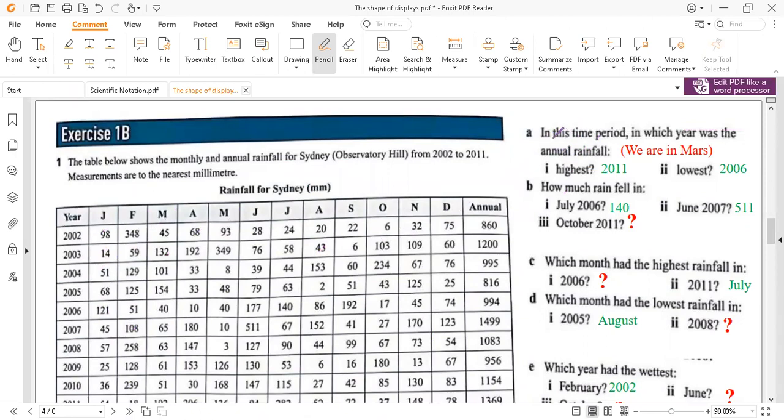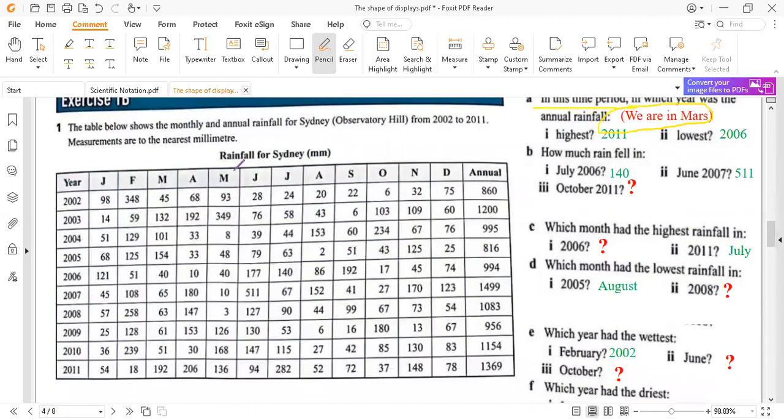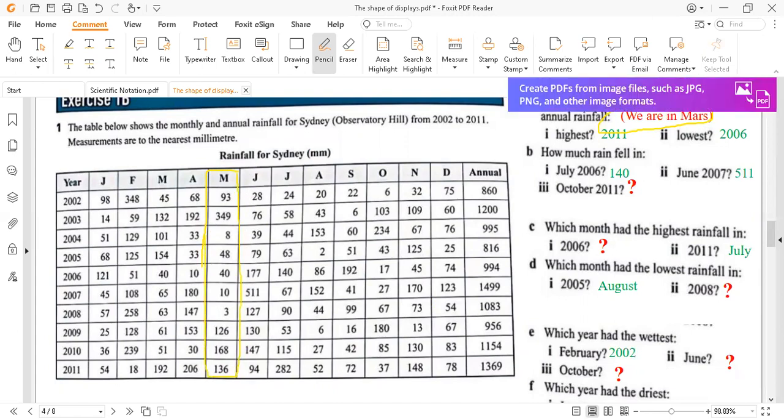For example, in which year was the rainfall highest in March? We enter the column for March over all these years.